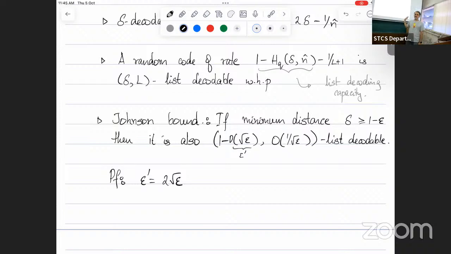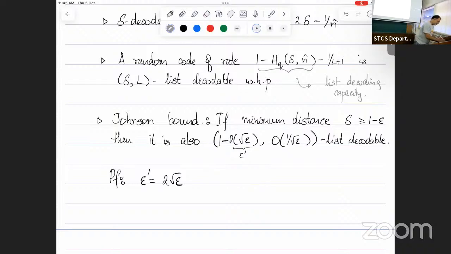I'll let you stare at the calculation to figure out how small you can make this 2. The spoiler is that you can make it square root of 2 epsilon in the whole proof. So in some sense the right answer is epsilon prime equals square root of 2 epsilon, but we will do it for 2 epsilon because the calculations are just easier.